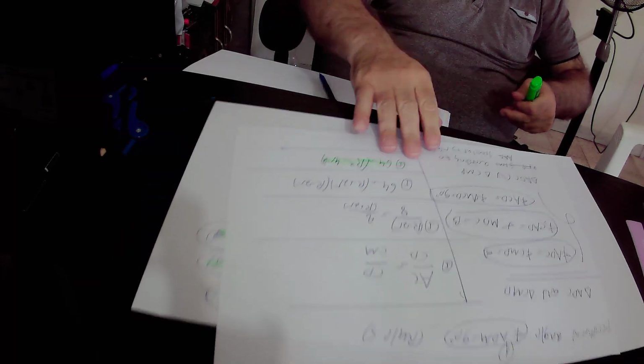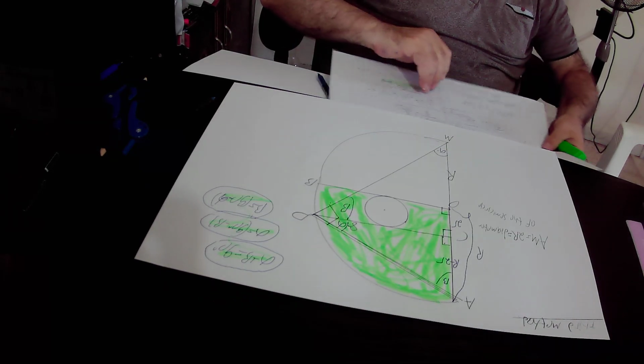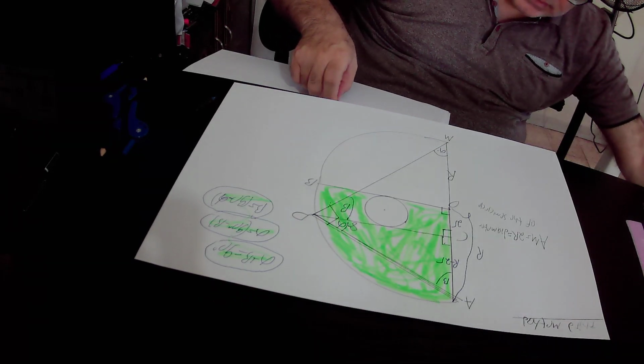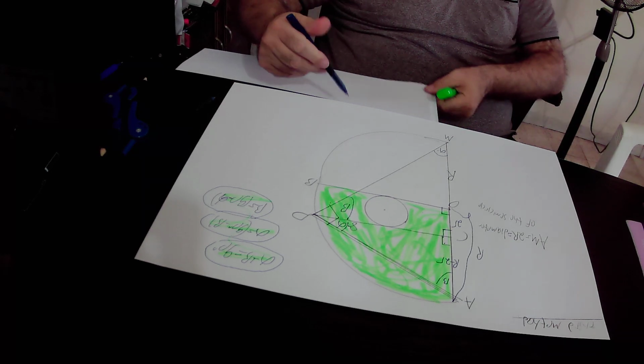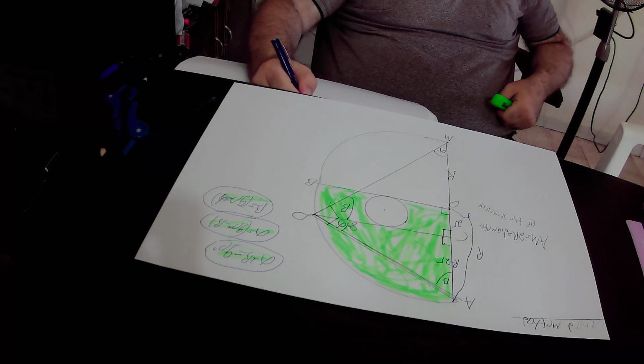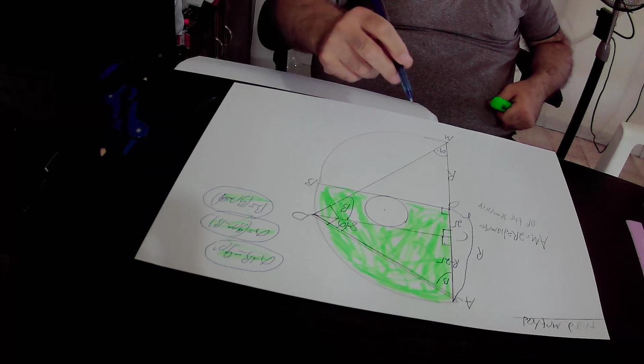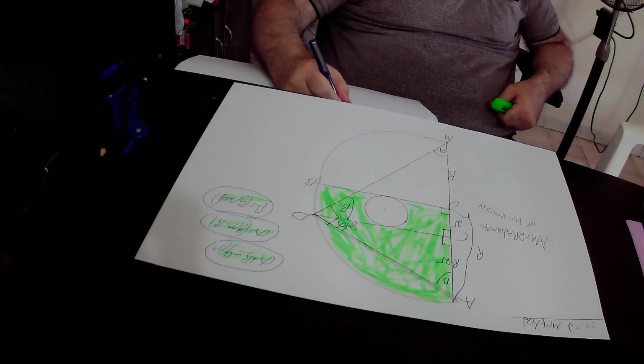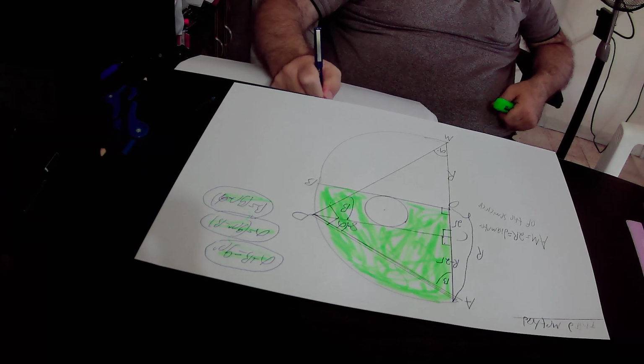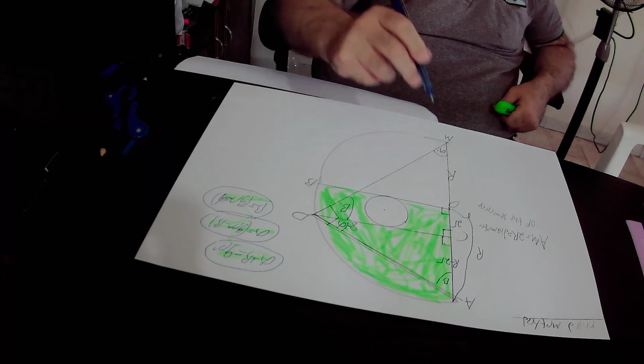So what is the area of the green shape? We have already found out that the area of the green shape is equal to the area of the quarter circle minus the area of the small circle.